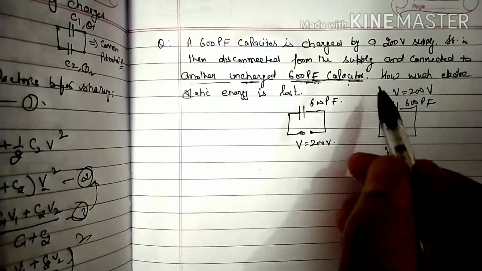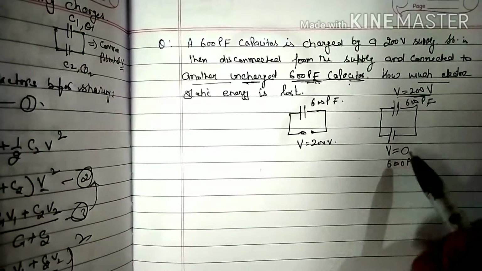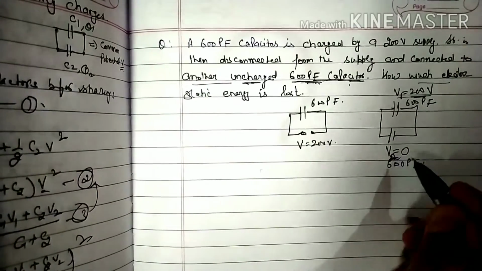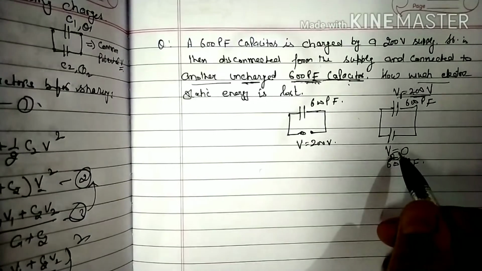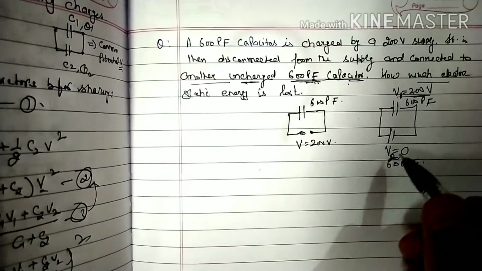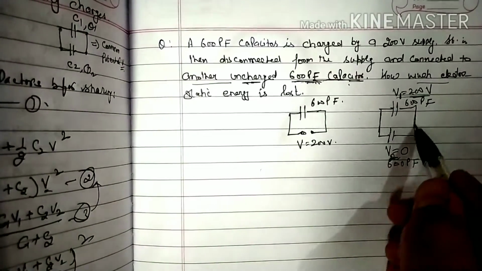So how much is the loss of energy? You know that its potential is 200, its potential is 0. Let it be V1 and let it be V2. So V1 is 200 and V2 is 0 because it is uncharged. So there is redistribution of charge till the potential becomes common, and through this there is a loss of energy in the wires.